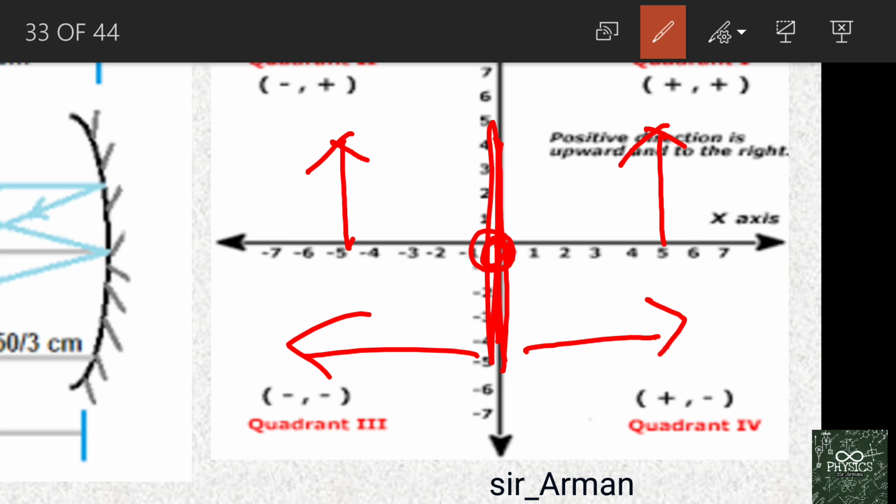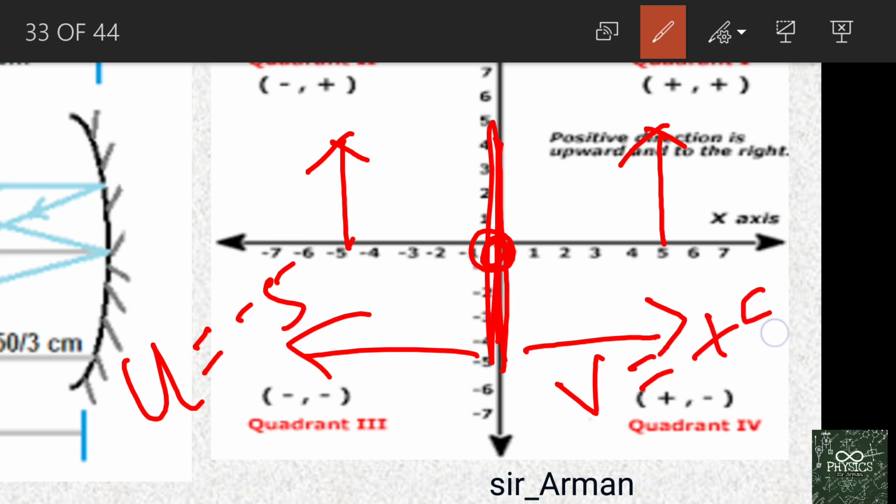So I can say the object distance, let's say u, is -5, but the image is on the other side, so v is at the same distance, so I have to write +5. See, here minus and plus indicate that they are on opposite sides.